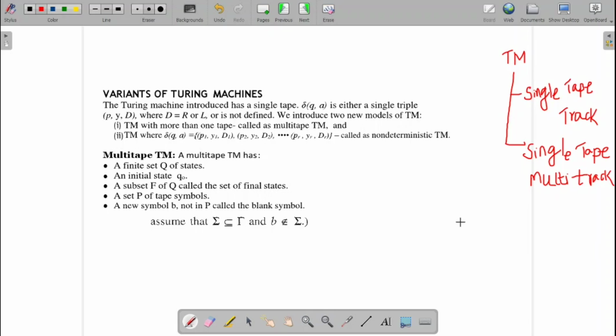Now let us continue further, and learn the variants of the Turing machine. The two main variants are, the first one is the multi-tape Turing machine, and the second one is the non-deterministic Turing machine.